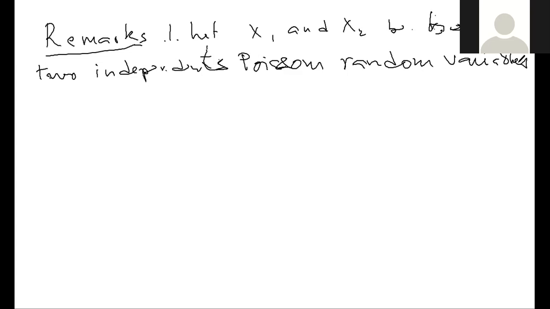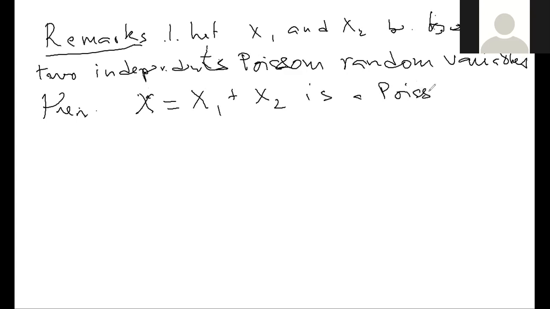We are interested in knowing what is the distribution of the sum of the two random variables. Then X equals X1 plus X2 is a Poisson random variable.